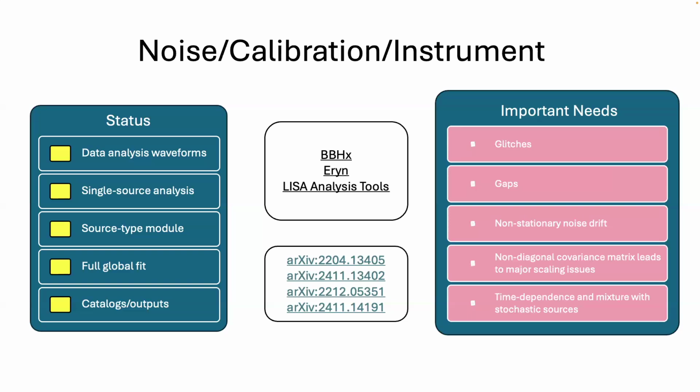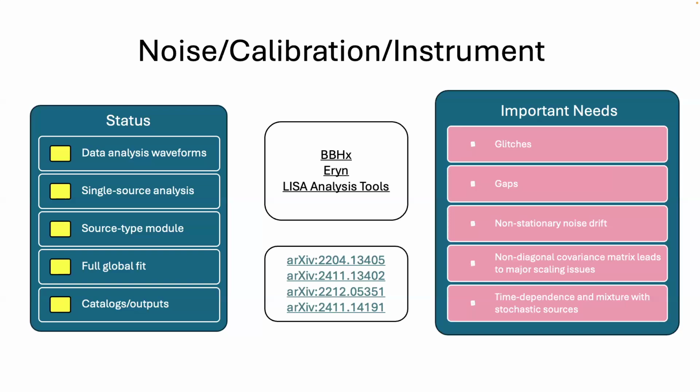Important needs here. You've heard a lot of these, I'm sure, if you're familiar with LISA conversations around this: glitches, gaps, non-stationary noise drift over time. These types of issues lead to a non-diagonal noise covariance matrix, which can be very, very computationally consuming, and also to take into account time dependence and the mixture with the stochastic sources and how to disambiguate those.